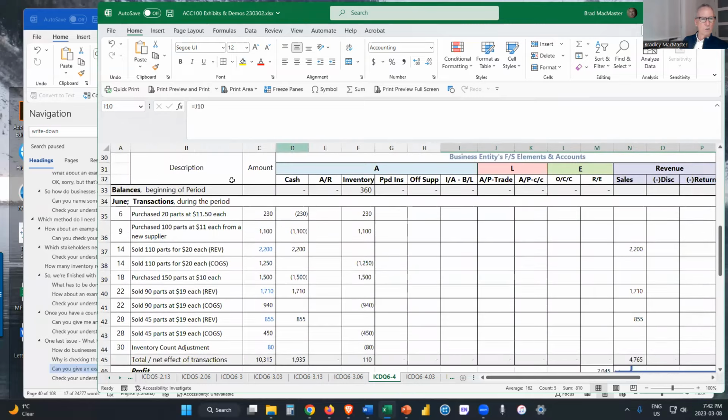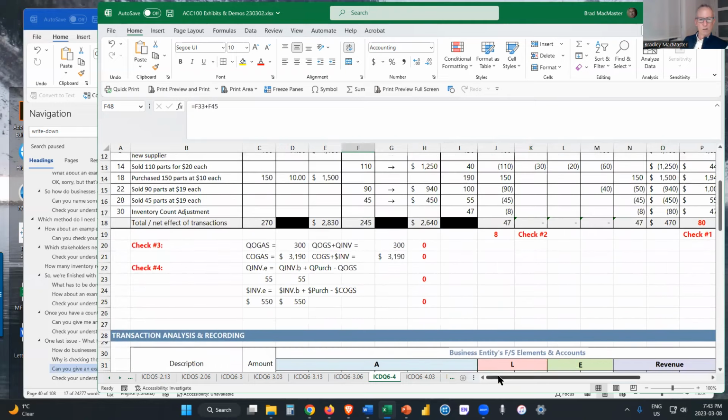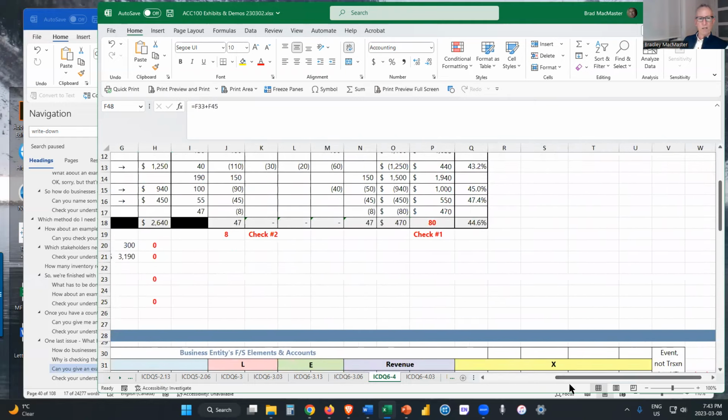And you can see exactly what I was describing before. We applied the adjustment to reduce the carrying amount of inventory. And when we did that, our ending balance of inventory was 470. So that amount in the transaction processing schedule now agrees with the amount in the inventory tracking, the value that's been tracked. All right.